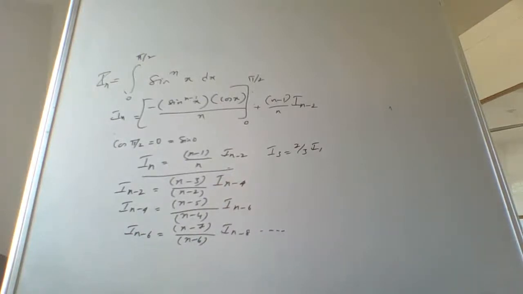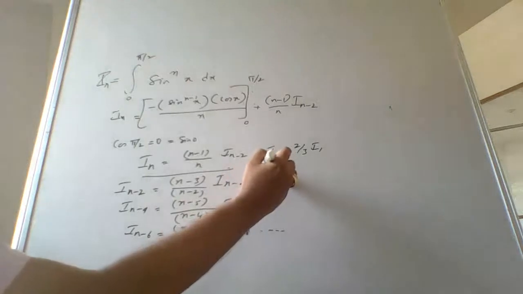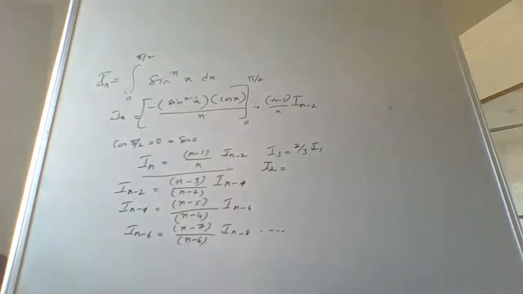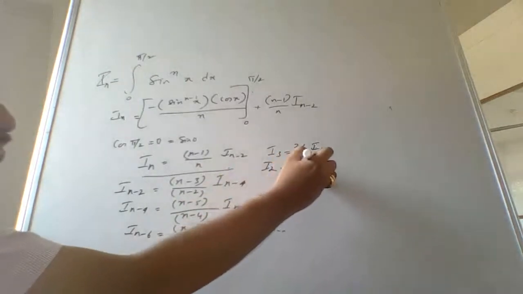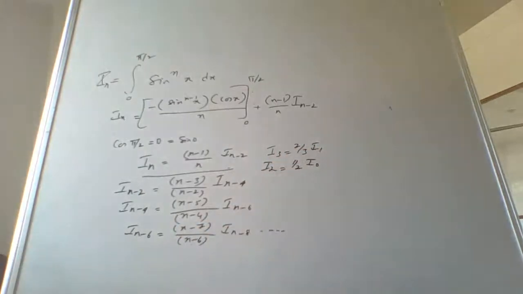So here n is odd. If I want I2, that would be 1 by 2 I0.